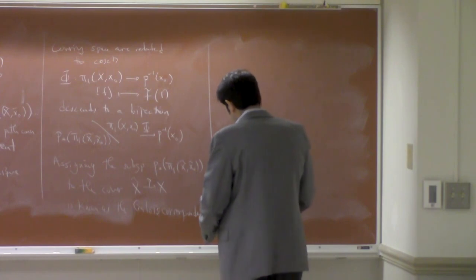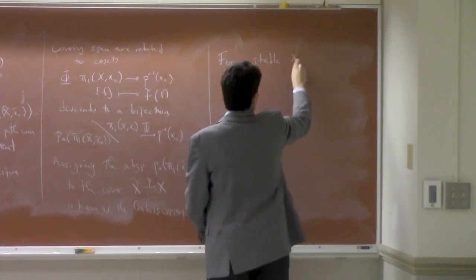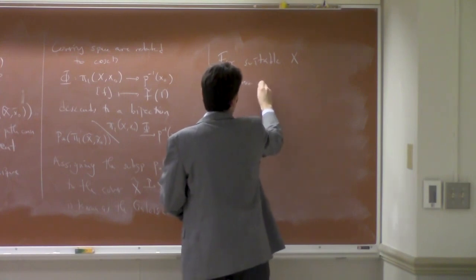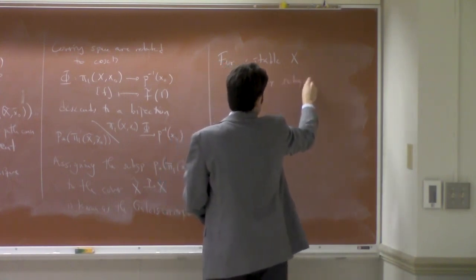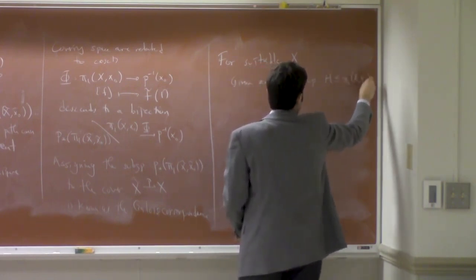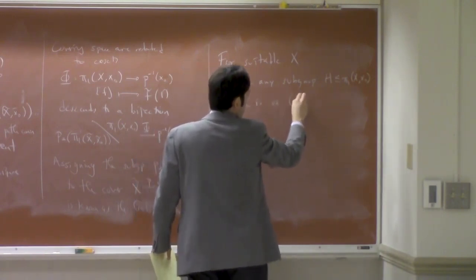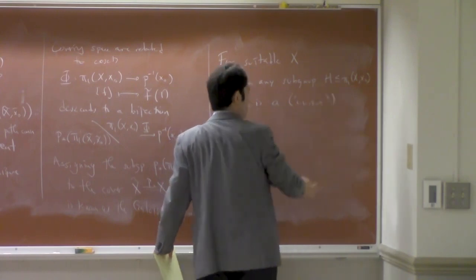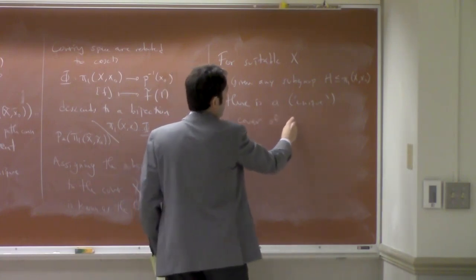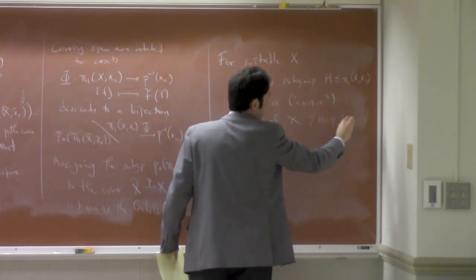But in particular, what we're going to show is that for suitable spaces X, given any subgroup H of the fundamental group, there is a, let's say, unique, in quotes, so unique up to equivalence class, cover of X with H equal to the image of the fundamental group.